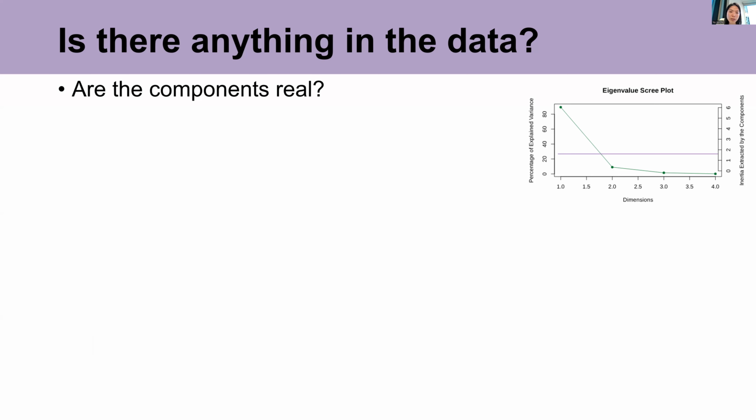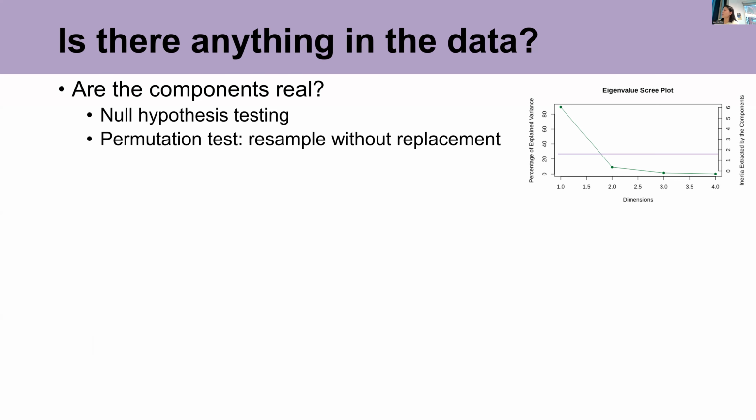And we do it with null hypothesis testing using a permutation test. Who remembers permutation? Raise your hand if you remember permutation. One, two, three. Did I get a four? No. Okay. Who remembers null hypothesis testing? Can you tell me what null hypothesis testing is?